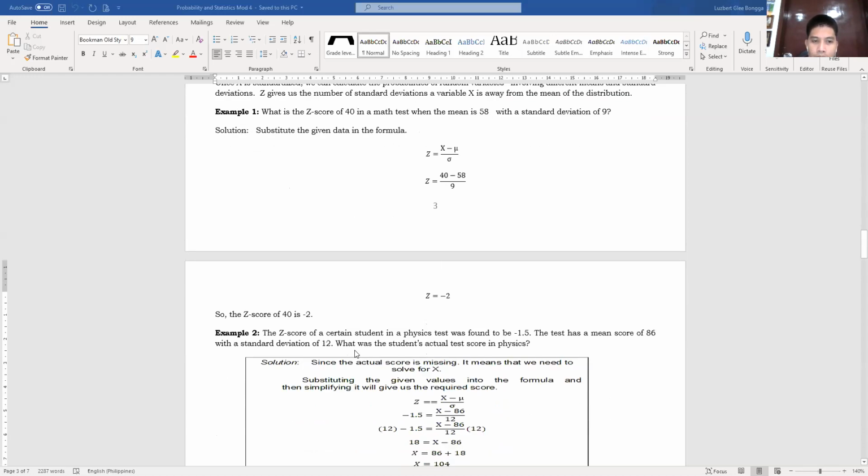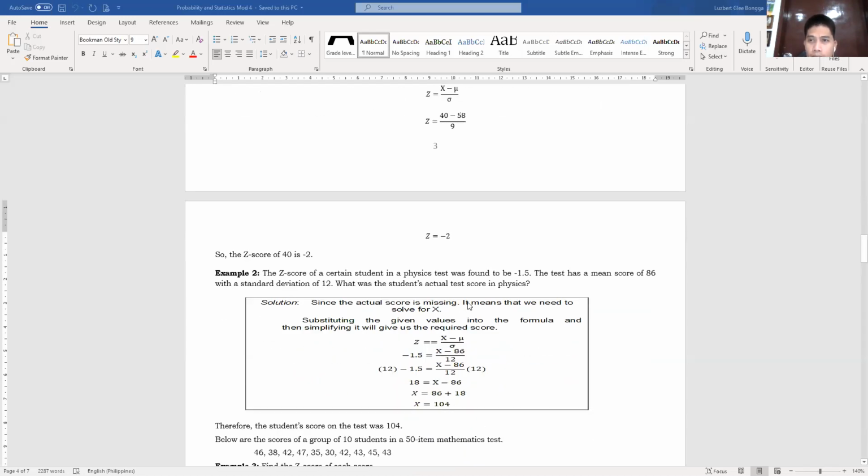For example number 2, the z-score of a certain student in a physics test was found to be negative 1.5. The test has a mean score of 86 with a standard deviation of 12. What was the student's actual test score in physics?